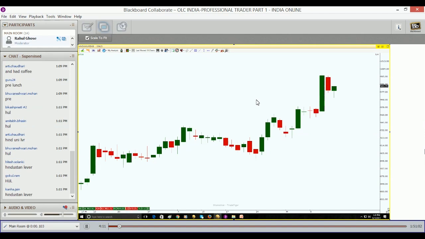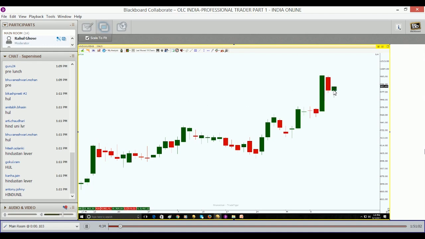Step number 1 says that I look left and down, starting from my current market price, till I find an explosive move in price.